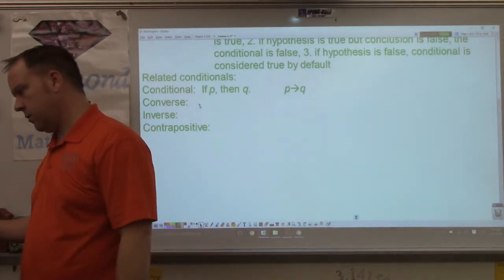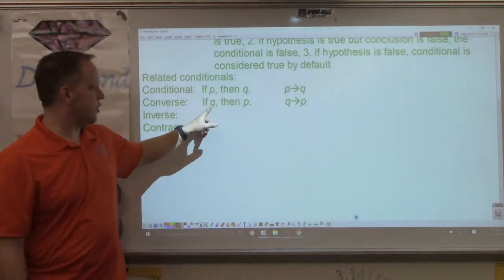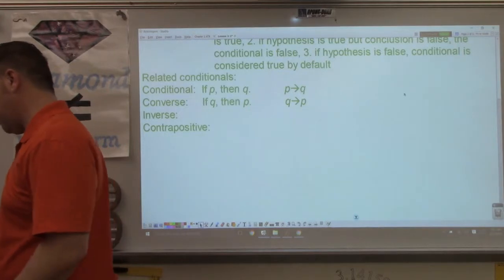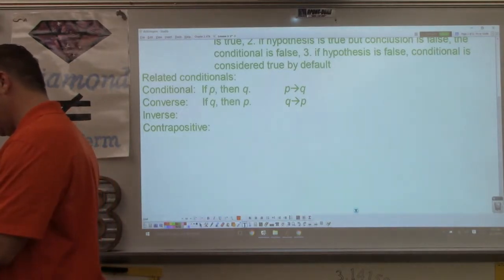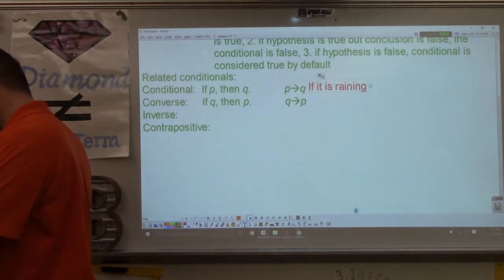So my converse would look like this. If Q, then P. Now if you remember my first conditional sentence, let's retype that so we can see that again. If it is raining, then you need an umbrella.